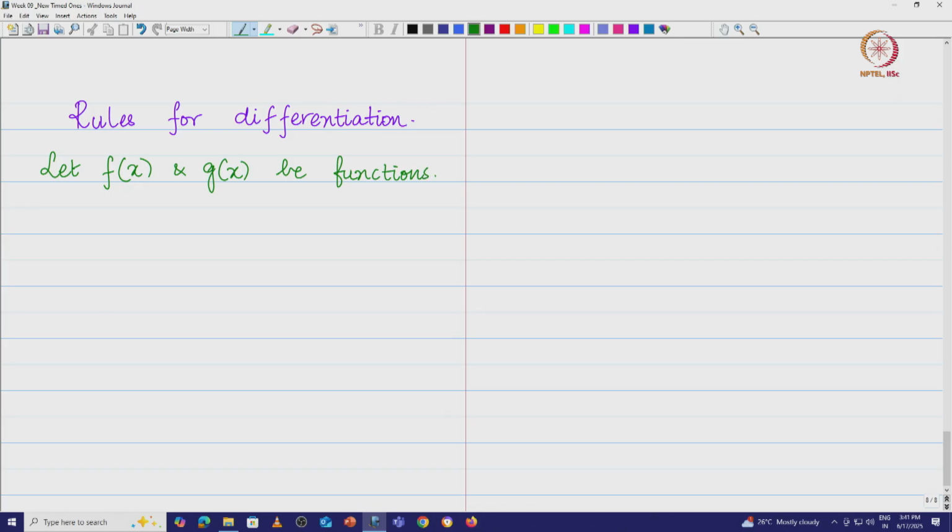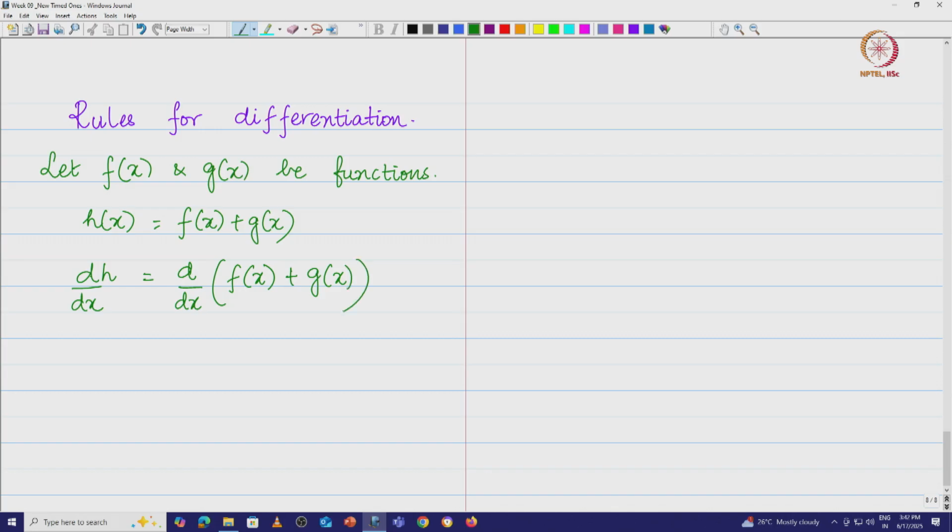Now I am going to combine these two functions and get another function, let us say h of x is equal to f of x plus g of x. I want to find out the derivative of this function, dh, which is nothing but the derivative of f of x plus g of x. Now what is this going to be?